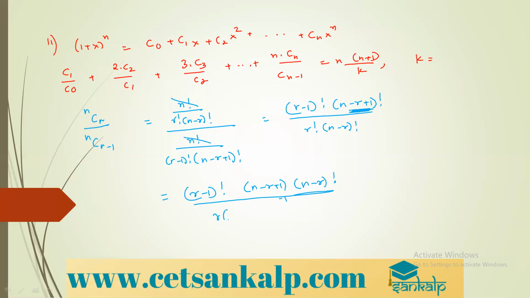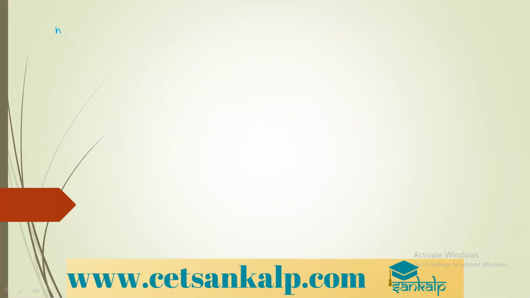I will write as r into (r-1)! because I can cancel (r-1)!, and then I will write (n-r)! because I can cancel (n-r)!. So I am left with (n-r+1)/r. So this formula you can remember. Whenever you have nCr/nCr-1, you can take n-r+1, and subtract these two, divided by this r.